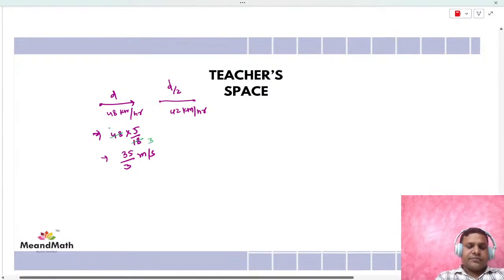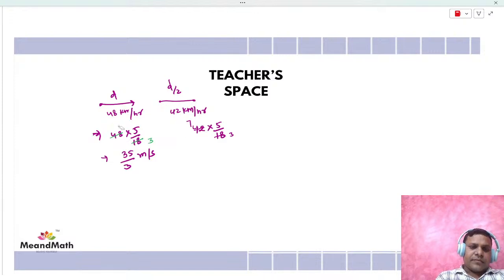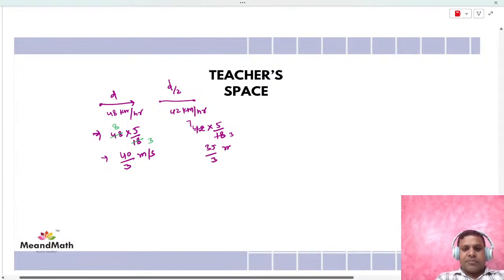Similarly 42 into 5/18, 7 threes... Oh, sorry, it's 8. So this is 40/3 and 35/3 meter per second.